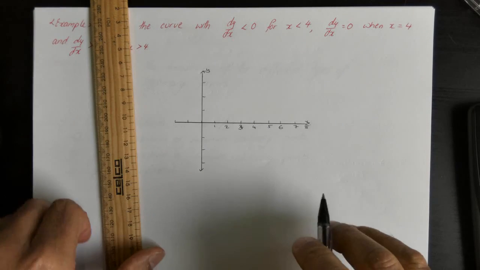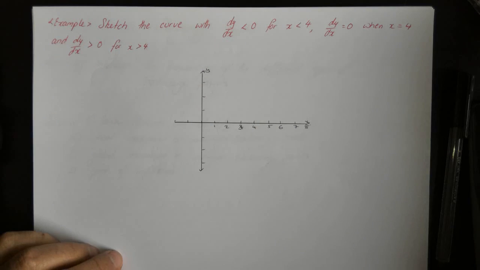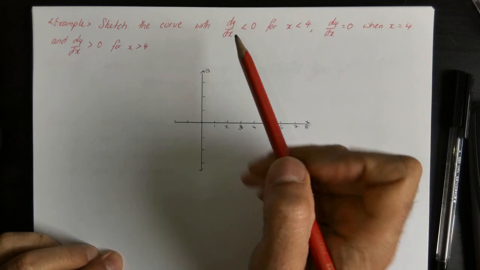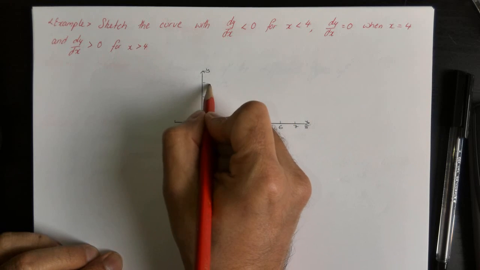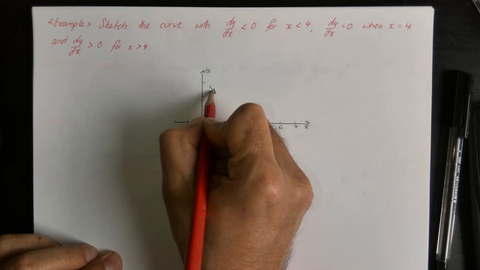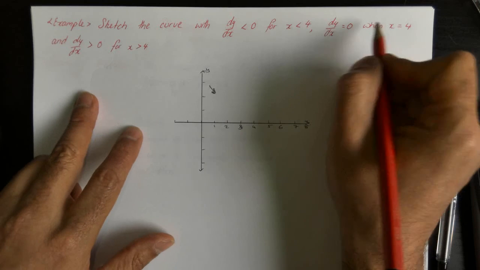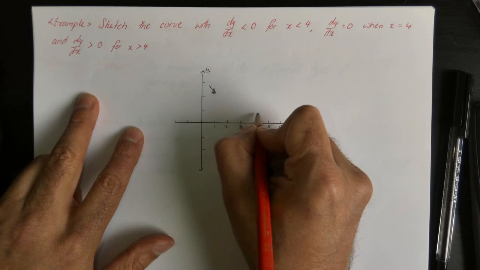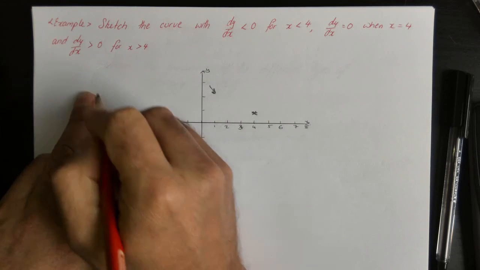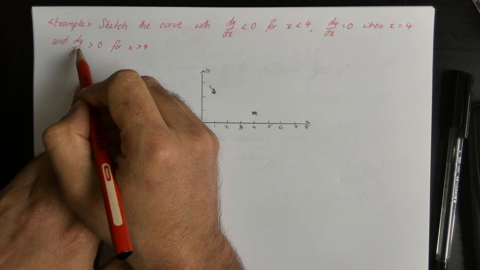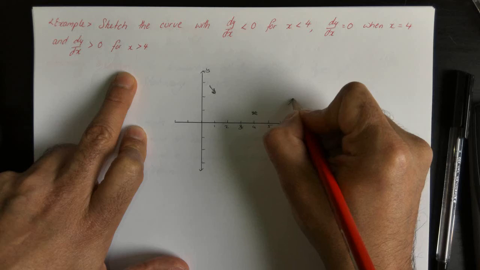So when x is less than 4, the first derivative is less than 0, so it looks like it's decreasing, going down. When x equals 4, the first derivative is 0, so that means it's a stationary point. And the first derivative is greater than 0, so it's increasing, when x is greater than 4.